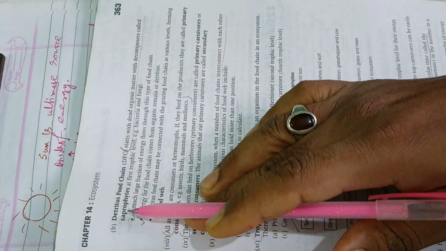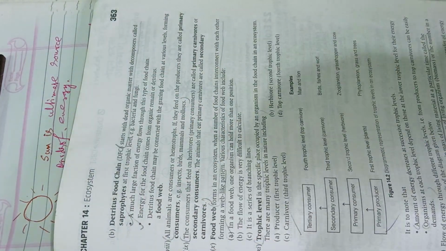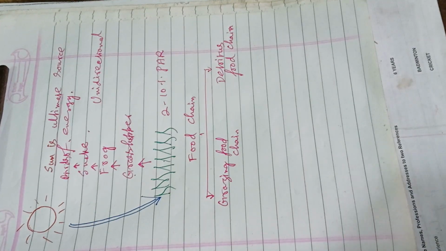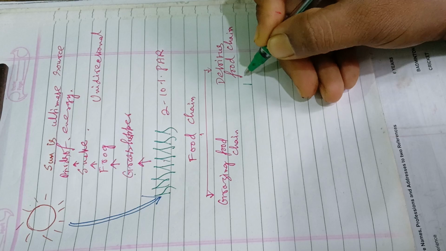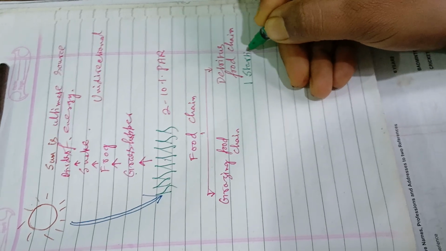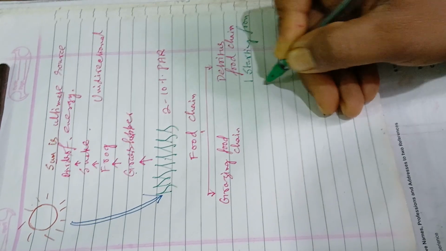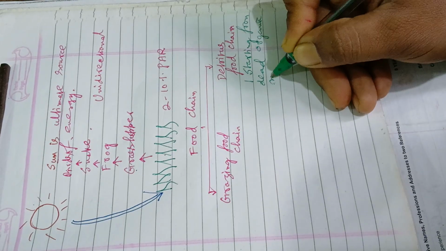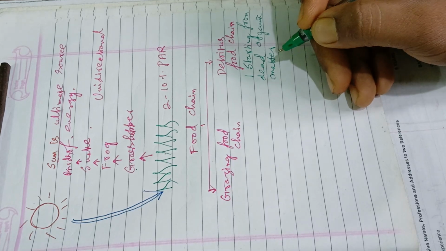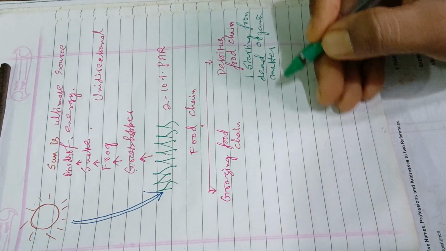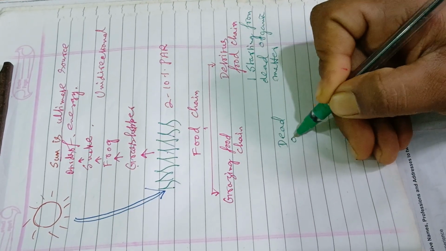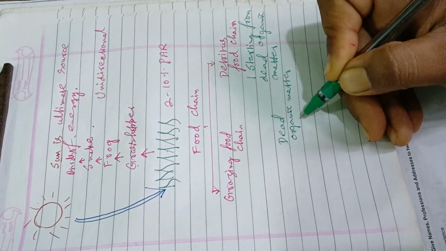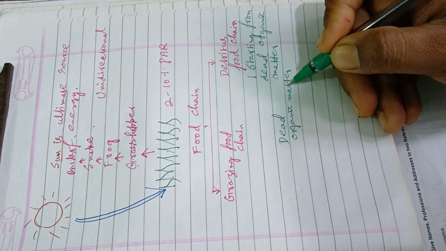Next look at the detritus food chain. Detritus food chain means, students, the food chain starting from dead organic matter. How? Suppose an organism dies and becomes dead organic matter. This dead organic matter's body has energy.